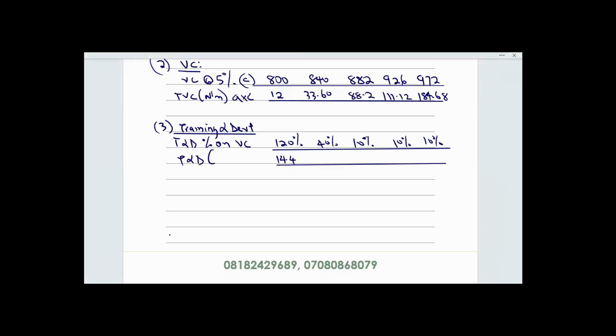Our figures are in million. Variable cost in the second year is 33.6, so 33.6 multiplied by 0.4 is 13.44. Variable cost in the third year is 88.2. 10% of 88.2 is 8.82. Then for the fourth year, 111.12. 10% of that will be 11.12.